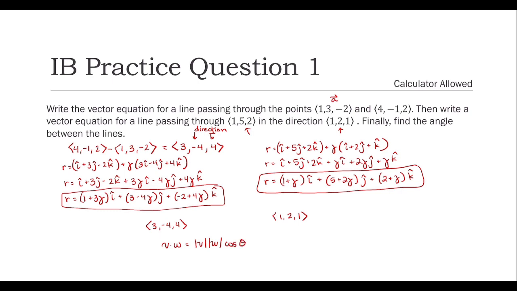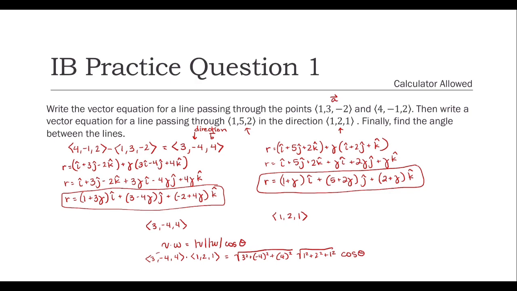So v dot w is (3, negative 4, 4) dot (1, 2, 1). Our magnitude of v is the square root of each component squared, so 3 squared plus negative 4 squared plus 4 squared. And our magnitude of w is the square root of 1 squared plus 2 squared plus 1 squared. And then the cosine of theta.